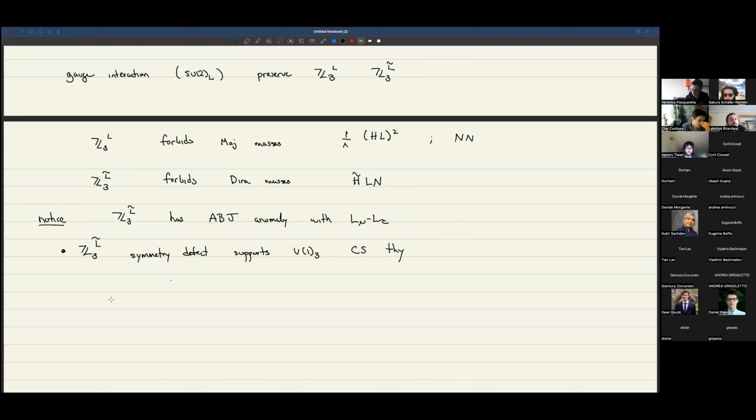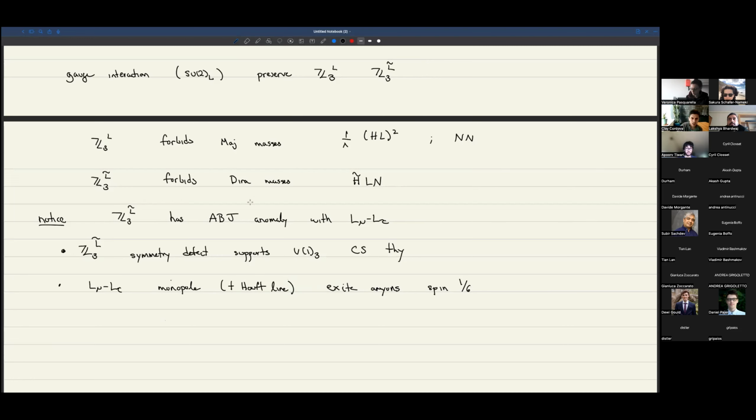What that means is that a monopole, a 't Hooft line of L mu minus L tau, can excite anyons on this symmetry defect whose spins are a sixth. So that's the physics of that symmetry defect in this context. That's the U(1) effective field theory that we'd like to talk about.